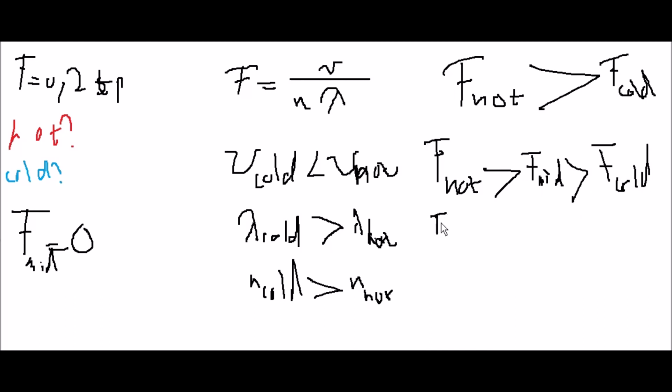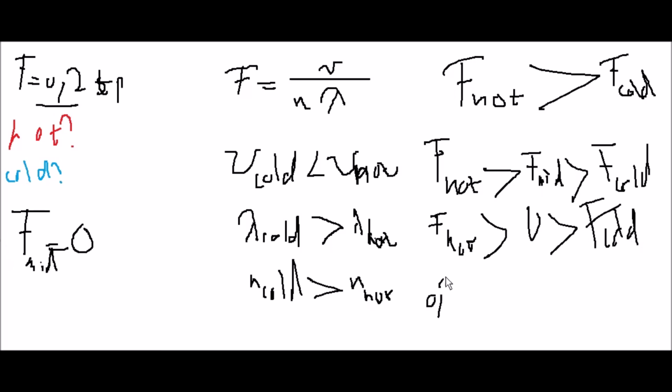So hot is greater than 0, which is greater than cold, and we got 0.2. And 0.2 is bigger than 0. Hence, our water was hot. Thank you for watching this video, and this is how it's done.